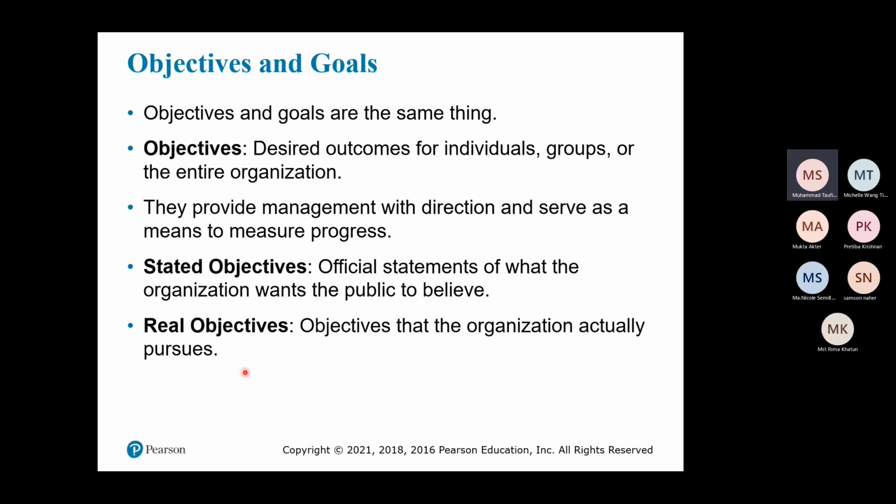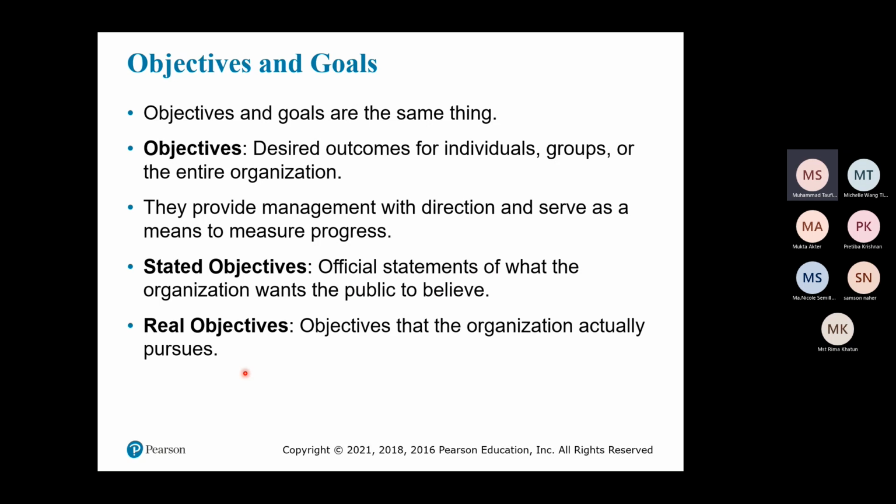Some organizations don't want to reveal their real objective. Why? Because for them it is a trade secret. They don't want their competitor to know what they are trying to achieve. So they deceive the public.